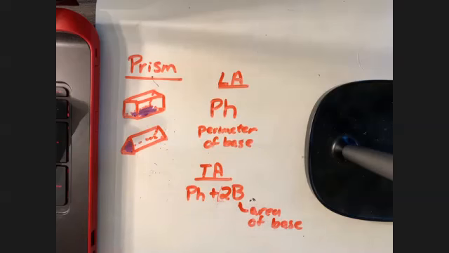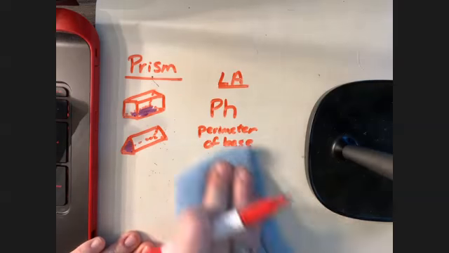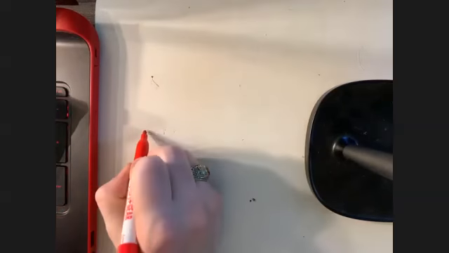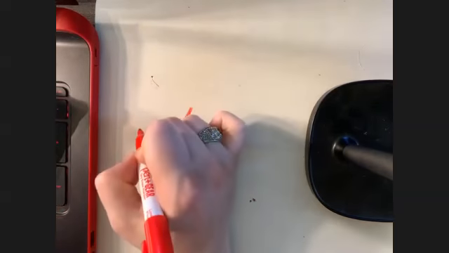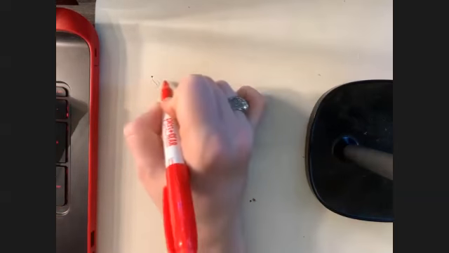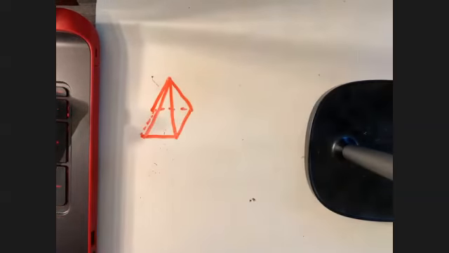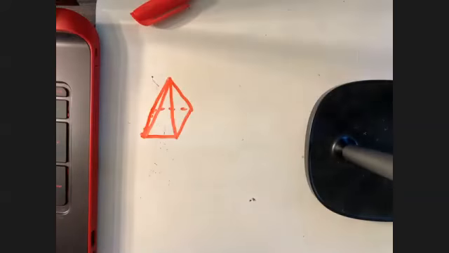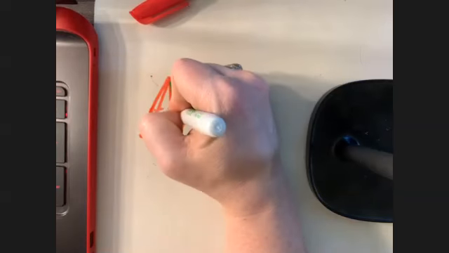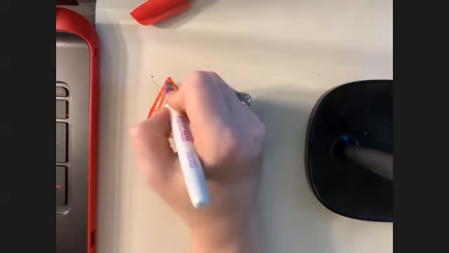Now, the next one that you may have used is square pyramids. With these, we had a slant height that went here, and we had a regular height that went here, and so we had this triangle that got made in here.